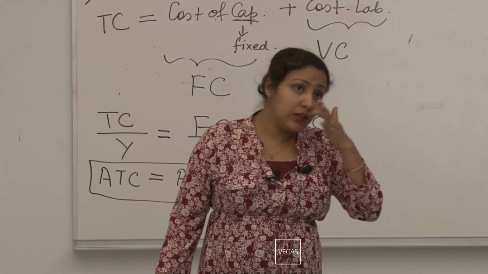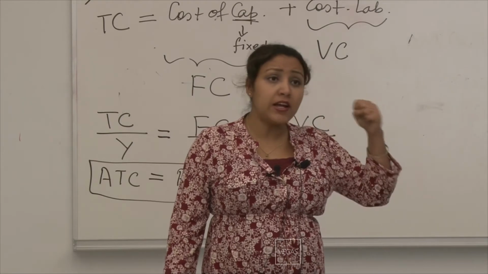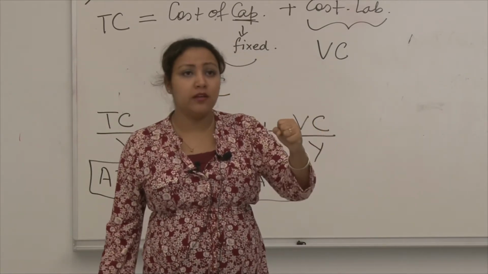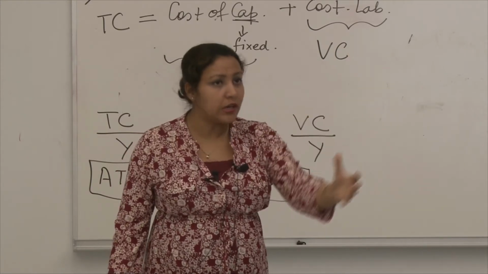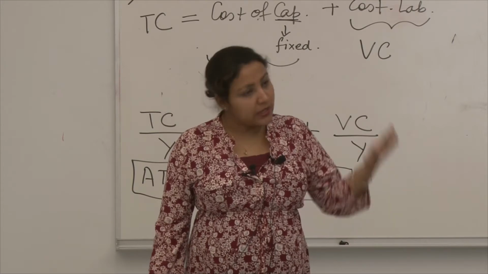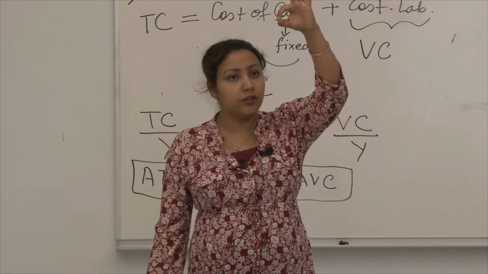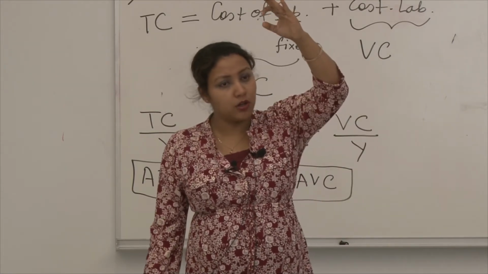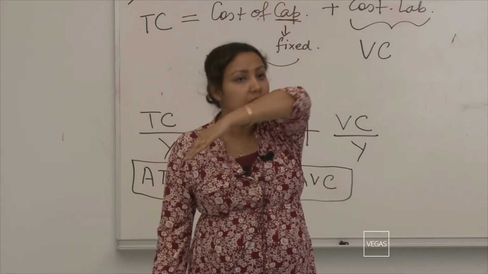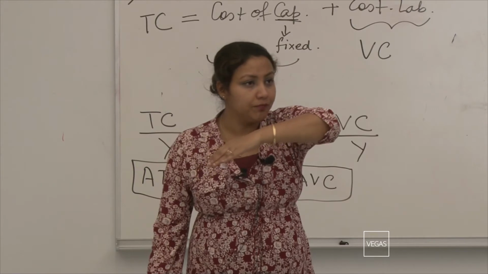I don't know anything about their productivity, but given that I cannot change the number of machines in my factory, the first set of workers that come in are going to be highly productive, but then there will be a point where their productivity peaks. Remember that marginal product curve, the peak, and then after that point the marginal product of the next set of workers is going to start diminishing.